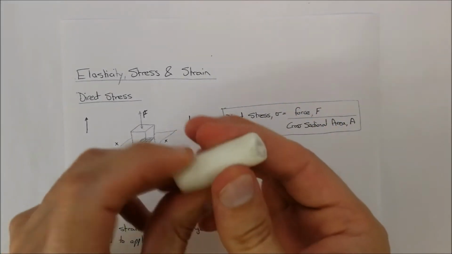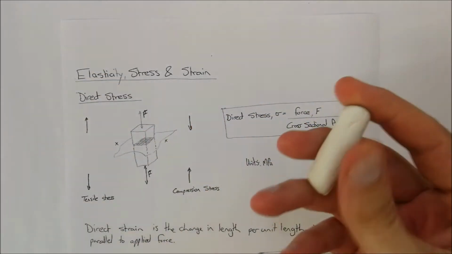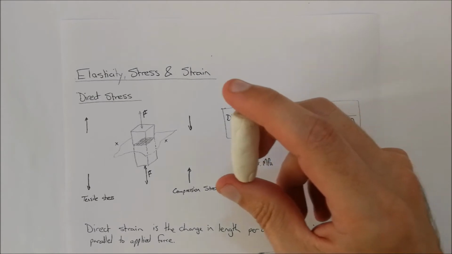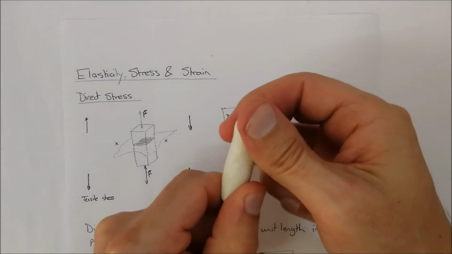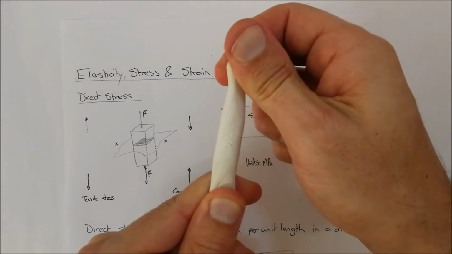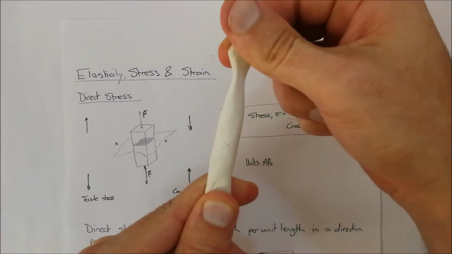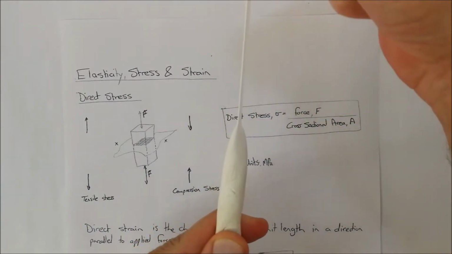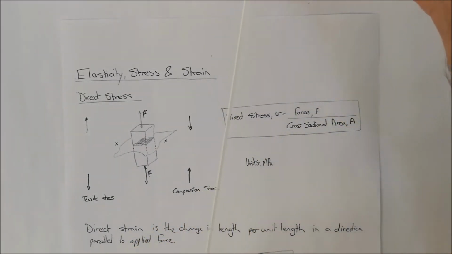I've rolled it up into a cylinder, and it's going to be under tensile stress when I start pulling on it on either side. Obviously it will go longer and it will break. You'll see there's a necking forming over there, and eventually it will stretch to the point where it should snap.